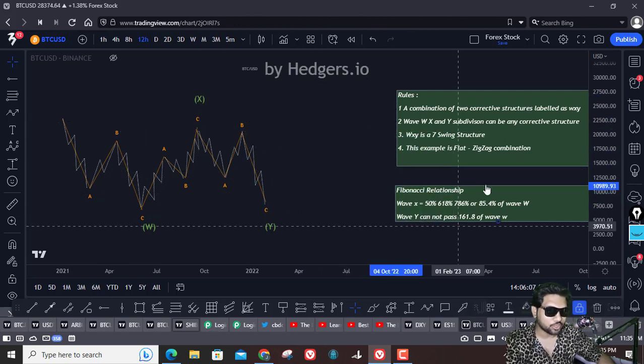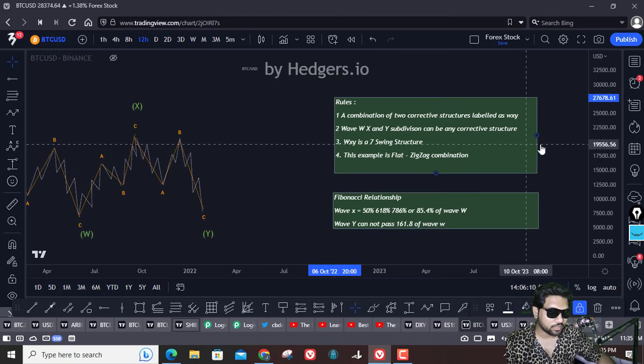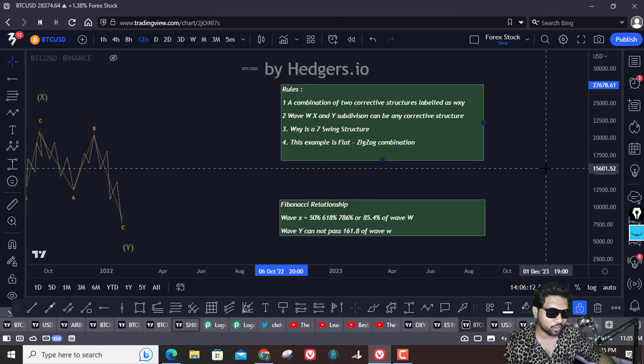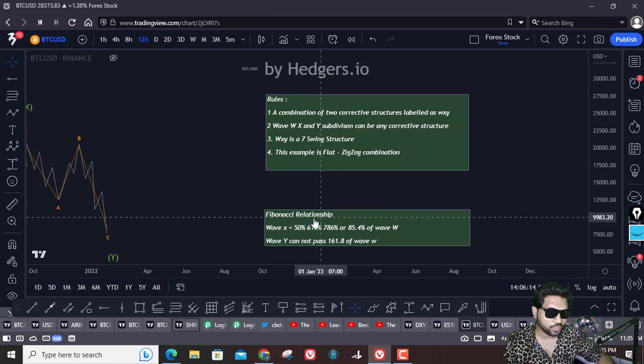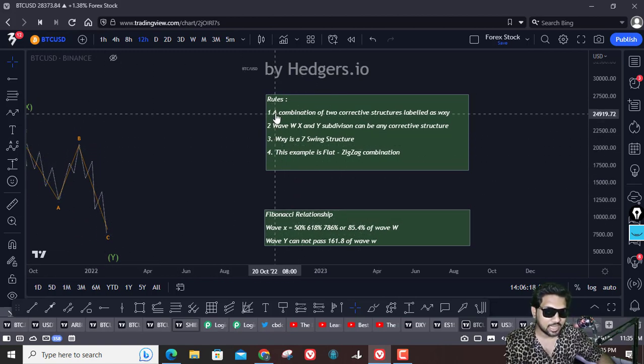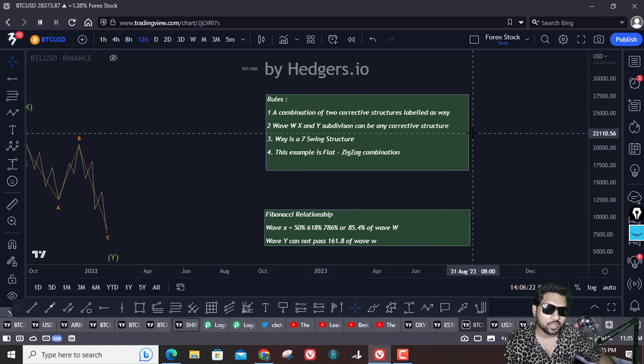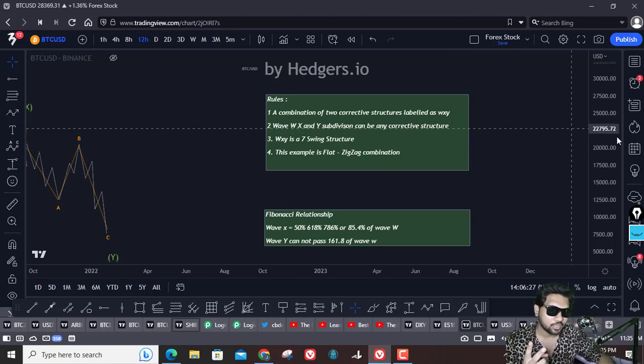Let's get back to the chart, and we'll try to implement the Elliott Wave in the live charts. As you can see here, before starting, we need to learn the rules and the Fibonacci relationship along with this WXY corrective wave. There is a combination of two corrective structures labeled as WXY. WXY basically consists of a double corrective structure.